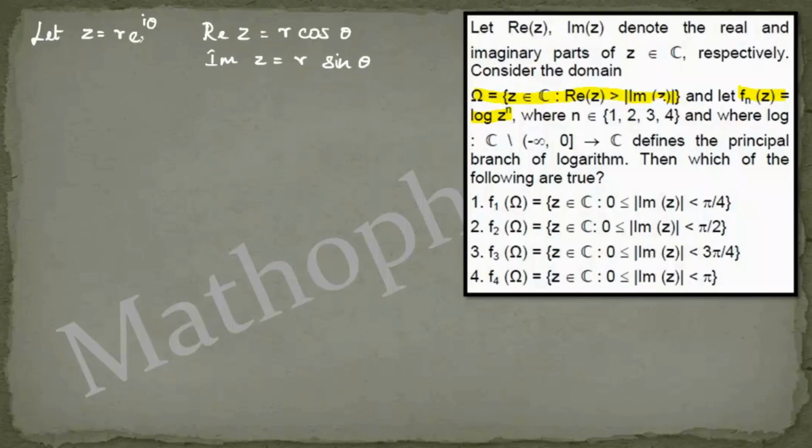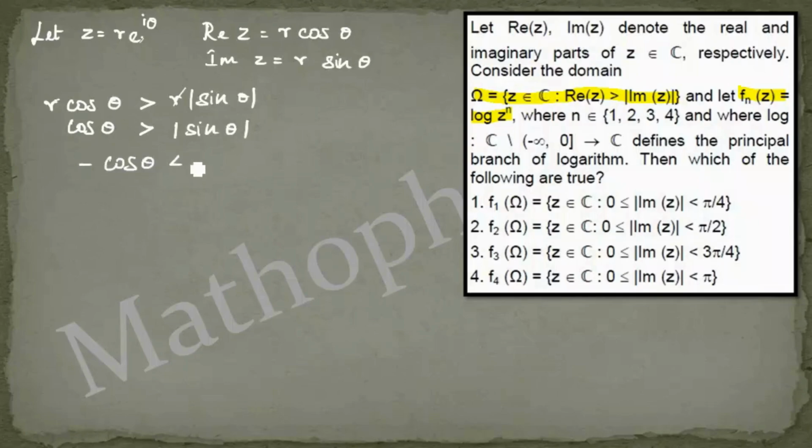Here the condition given is real part is greater than modulus of imaginary part. So r cos theta is greater than r mod sin theta, so cos theta is greater than mod sin theta. We can write this as minus cos theta less than sin theta less than cos theta.